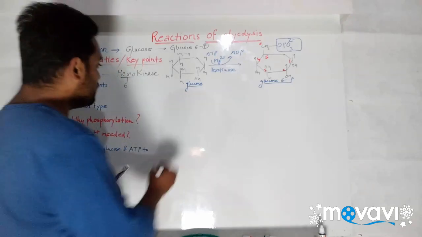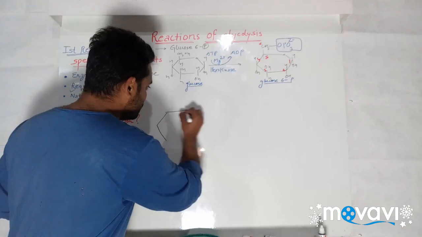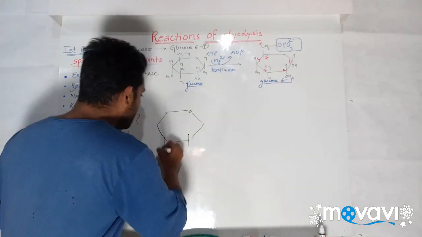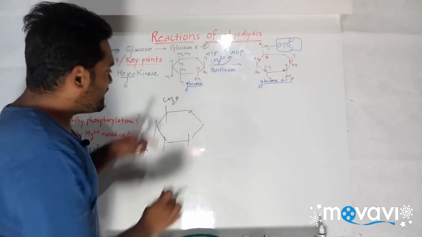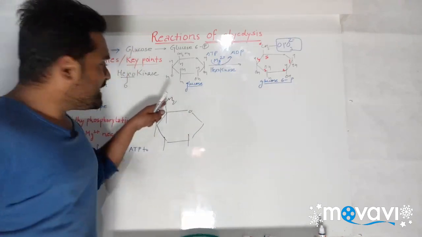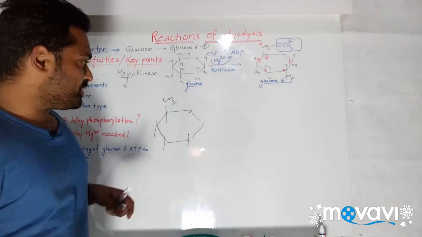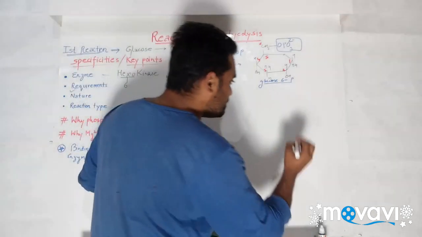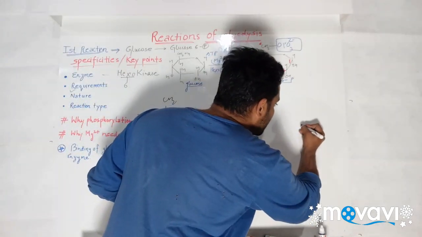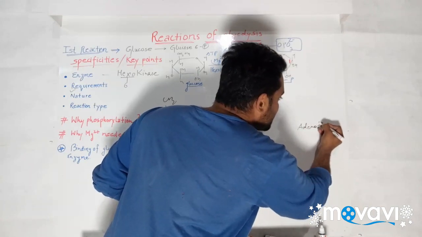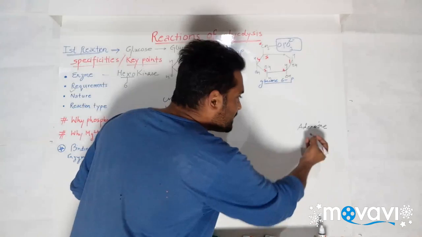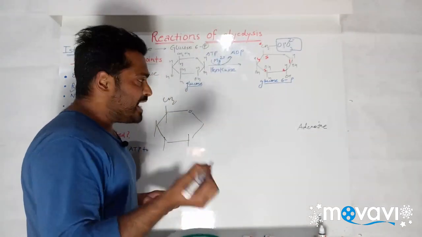So we have the glucose molecule. To save time, I am not drawing all these hydroxyl groups here. So this is the 6th carbon where we are interested, and we have ATP. ATP is adenosine, a nucleoside containing the base adenine and the ribose.